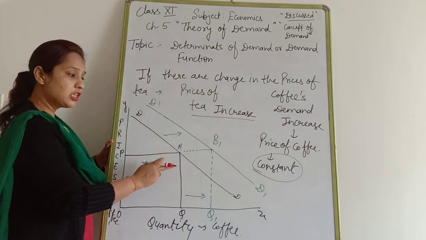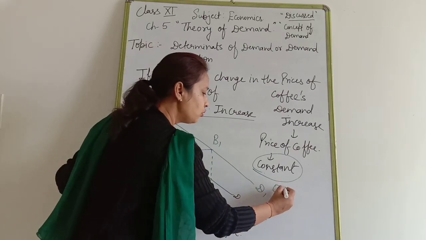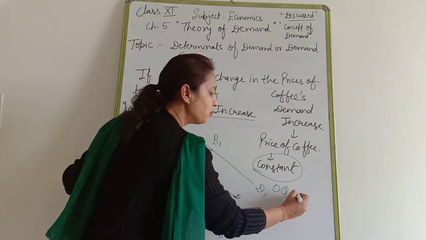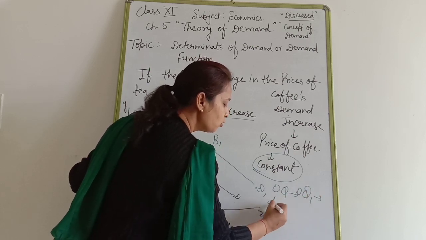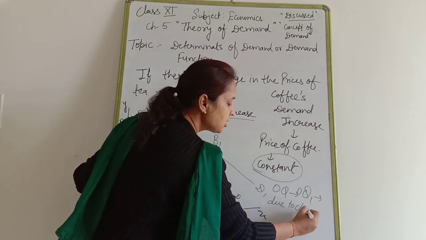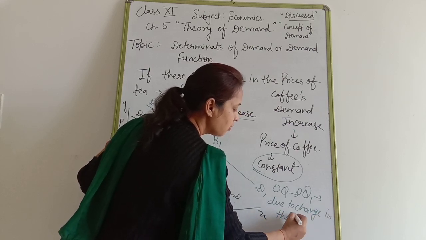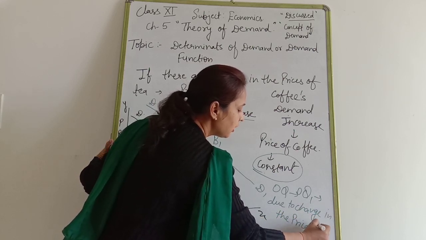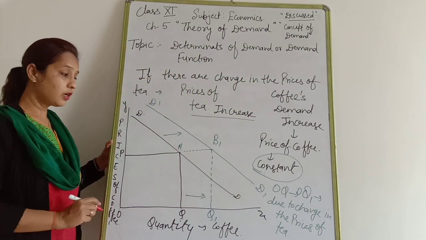So you can write here: demand increases from OQ to OQ1 due to change in the prices of tea. Now you have to draw the diagram.